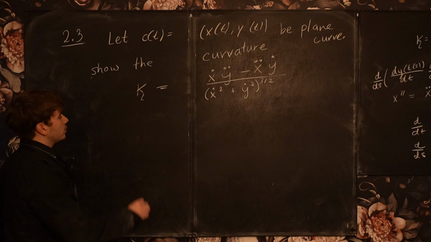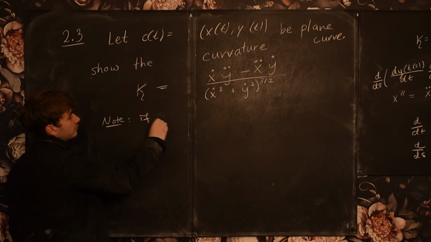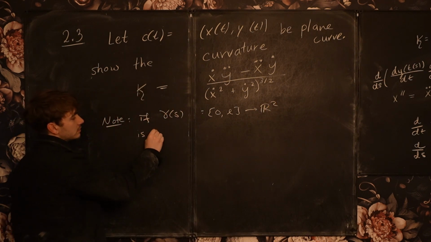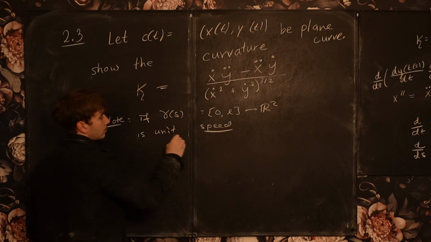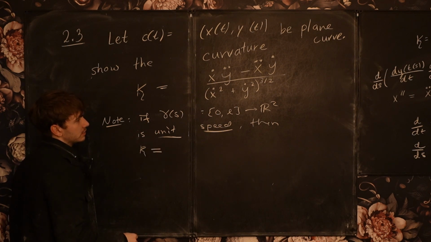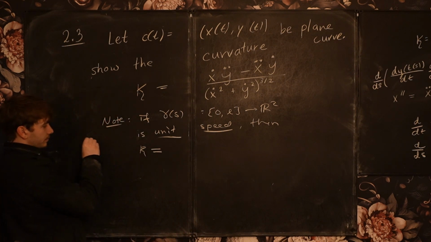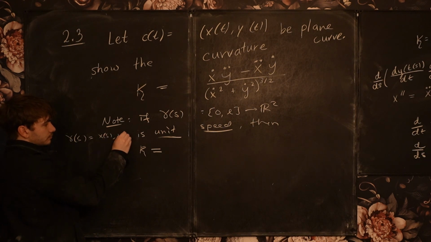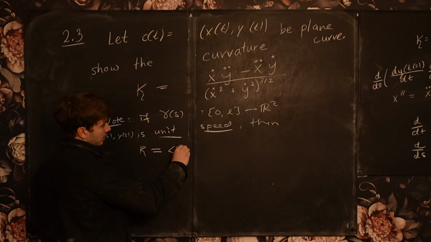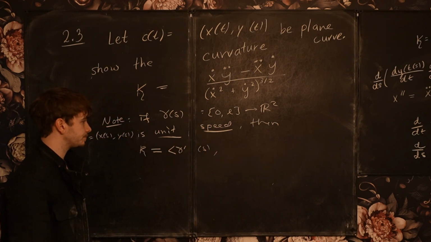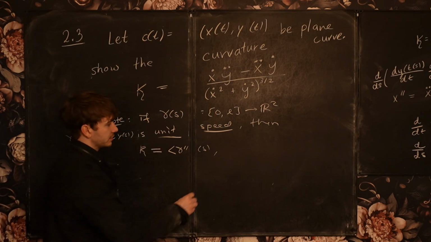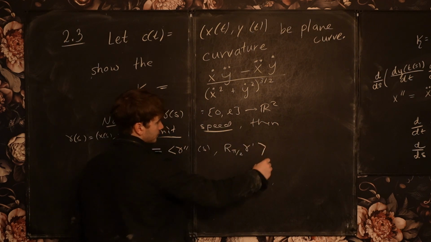First of all, we know that if gamma of s from say 0 to L into the plane is a unit speed curve, then the curvature of gamma, if gamma of s is x of s, y of s, is by definition the inner product of the acceleration gamma double prime of s with the rotated tangent vector, R pi halves gamma prime of s.